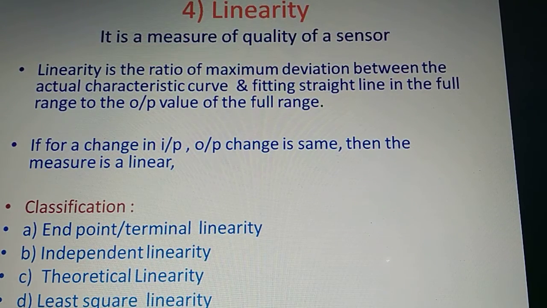The next static characteristic which we studied last time is linearity, and this linearity is a measure of the quality of a sensor.